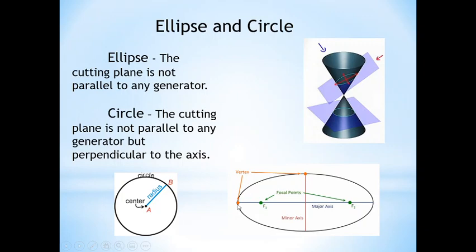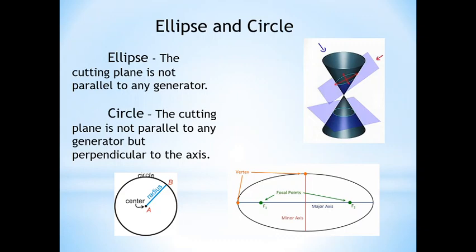So, the intersection of the longer line and the ellipse is called the vertex. So, there are two of them. This one and this one. And for these, they are called co-vertices. So, co-vertices are the intersection of the shorter line and the ellipse, the intersection of the minor axis and the ellipse. So, those are the parts of the ellipse and circle.